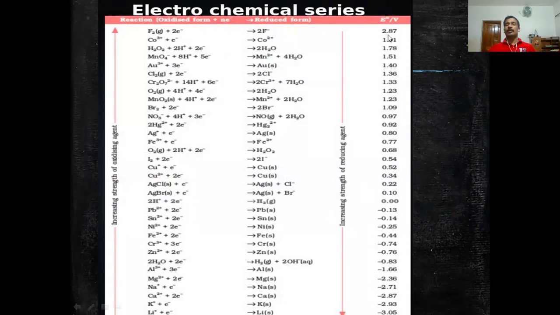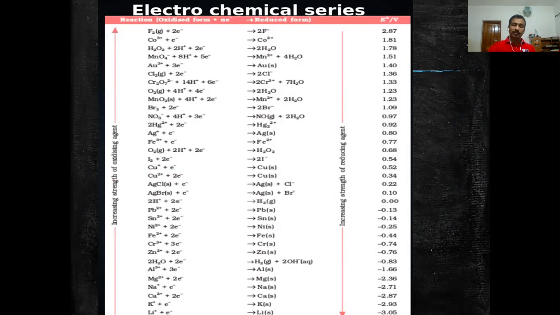Electrodes with positive electrode potentials are arranged first, and it is decreasing as we move down, and here the negative electrode potentials, and it ends with lithium, minus 3.05 volt. This is the electrochemical series, and it is very useful.